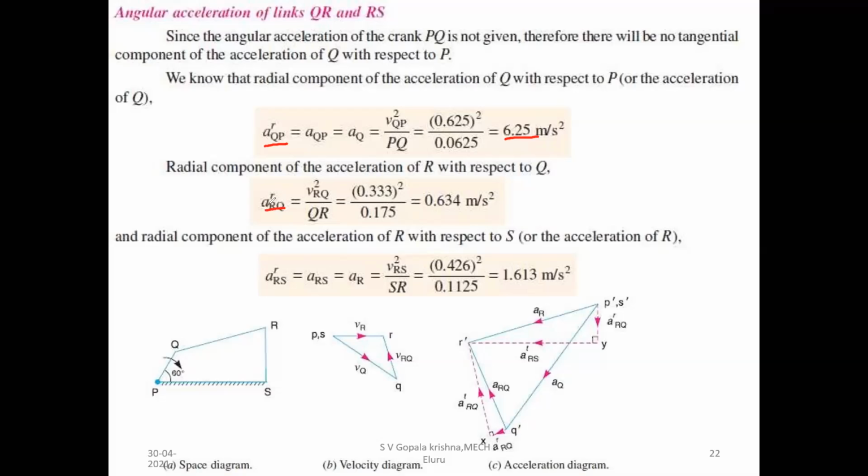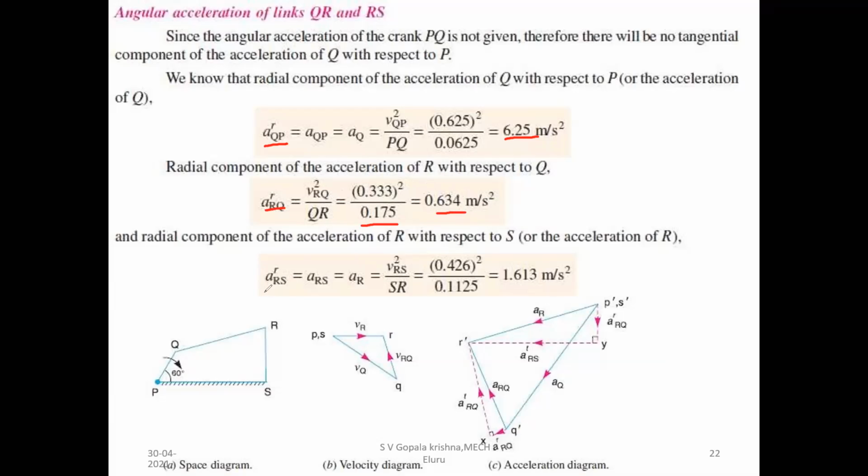A_RQ equals V squared by QR. The QR velocity is already known, 0.33 squared by the QR length, 0.175. Make the calculation and get the radial component of acceleration, 0.634 meter per second squared.